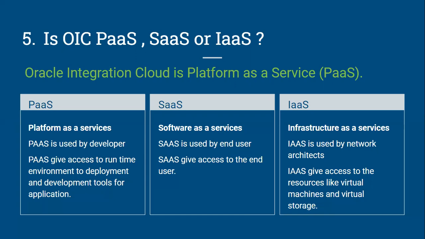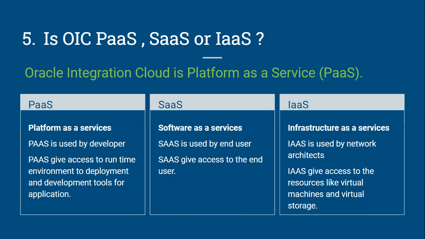SaaS is used by end users. SaaS gives access to the end users. Let's say we have built a software and we are selling that software to someone who can use it. That is software as a service.